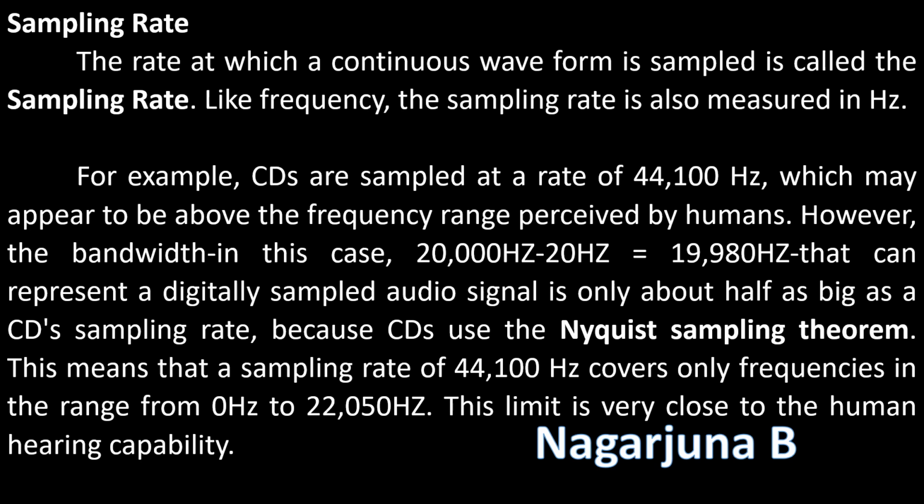Subtracting that from 44,100, you will be getting 22,050 hertz. So this is the frequency range from 0 hertz to 22,050 hertz, which is the sampling rate of a CD using the Nyquist sampling theorem. And this limit is very close to the human hearing capability.